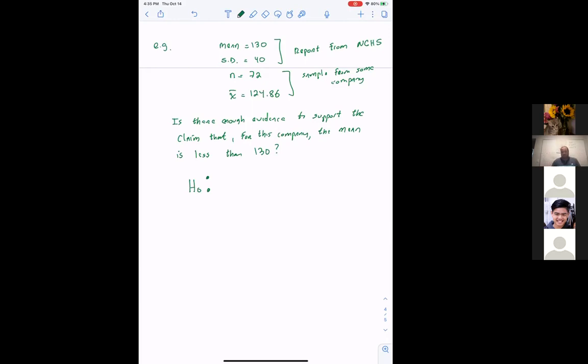If you didn't have any evidence otherwise, there's no reason not to claim that the mean for the company is 130. So the null hypothesis, the incoming hypothesis, the status quo hypothesis, is the mean of the company is 130. What is my alternative in this example?